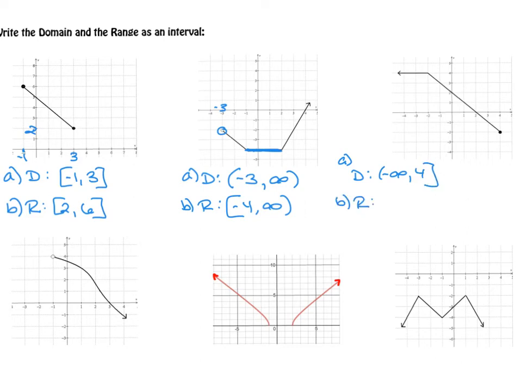For the range, the lowest the y values get is here. So that's at -2. Y equals -2. And the highest the y values get is +4. That tops out here at 4.